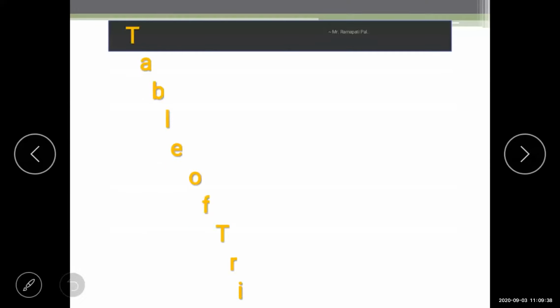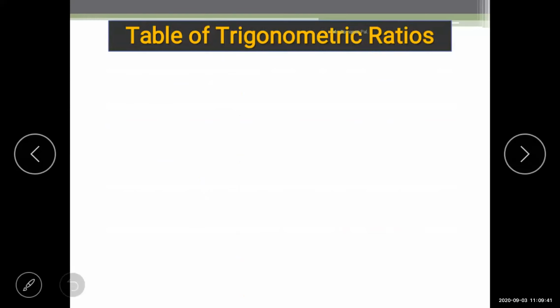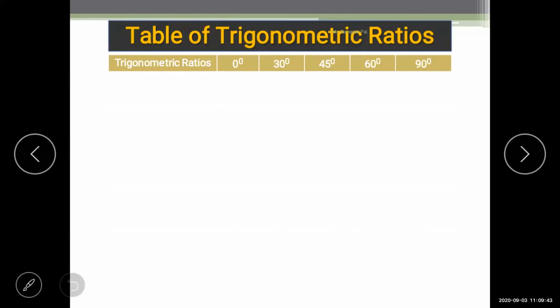Is it clear? So everyone is ready now? Okay, good. Let's see trigonometry ratio: 0 degree, 30 degree, 45 degree, 60 degree and 90 degree.